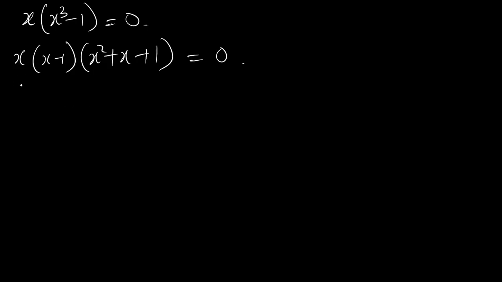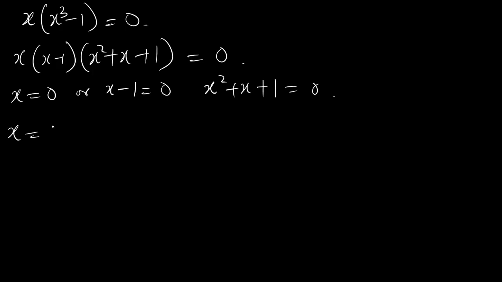Now when you look at it now, you have x is equal to 0 or x minus 1 is equal to 0 or x squared plus x plus 1 is equal to 0. Now it means that x is equal to 0 or x is equal to 1. And you have x squared plus x plus 1 equal to 0.